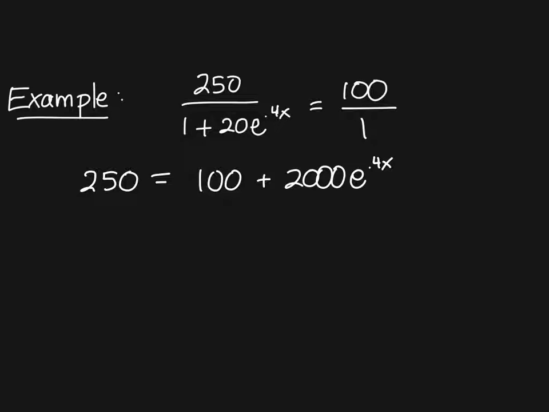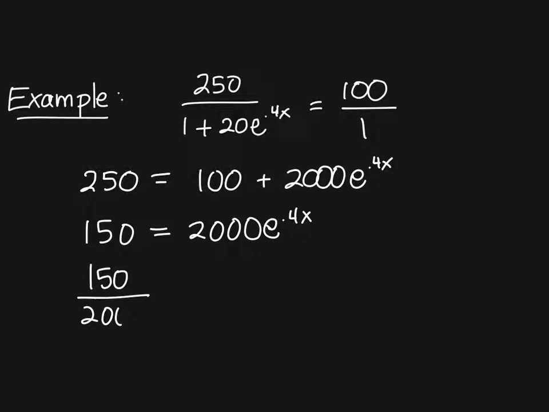Now, next legal move, subtract which number? The 100. That gives me 150 equals 2,000 e to the 0.4x. What's my next legal move? Divide by 2,000. 150 divided by 2,000, and that leaves me with e to the 0.4x.